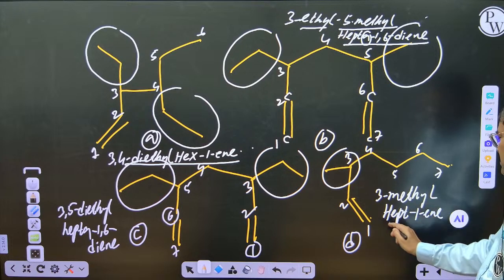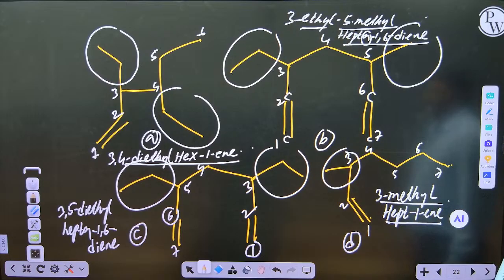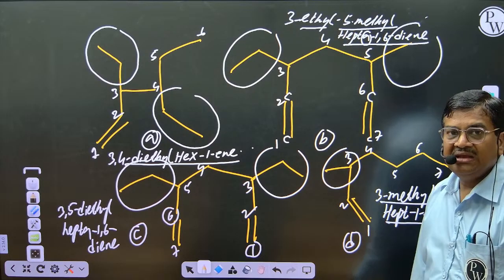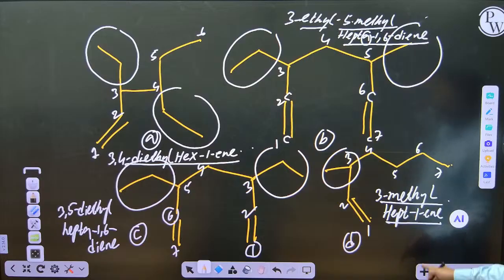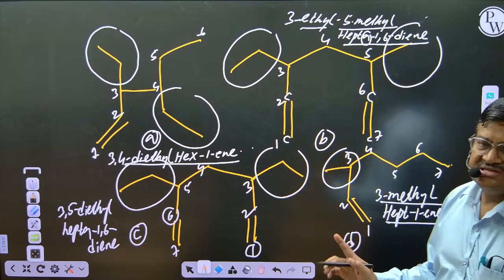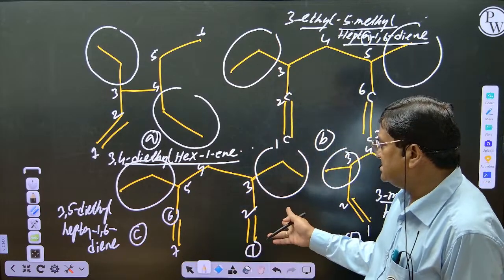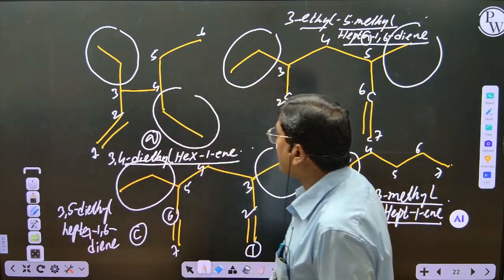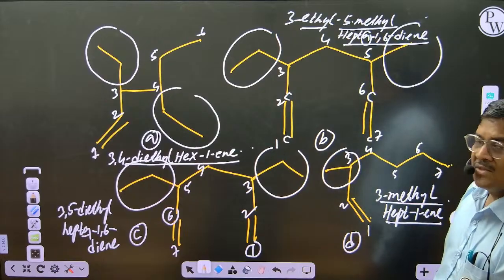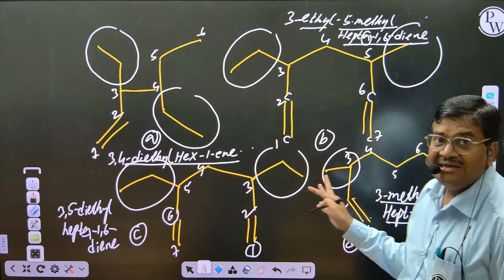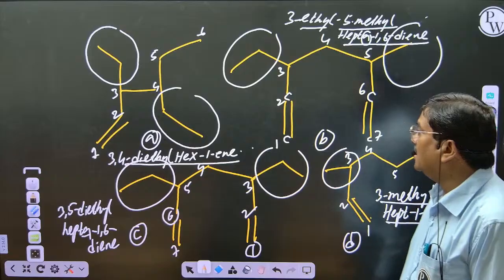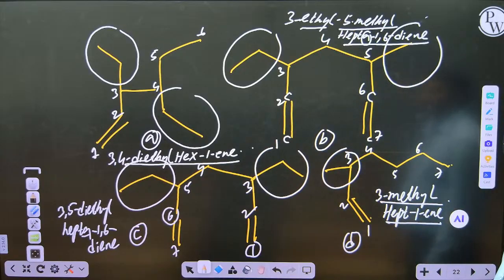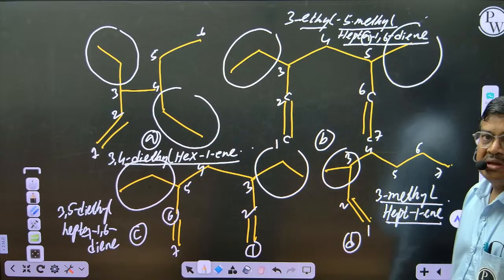Hept-1-ene, or we can even write 1-heptene. Here A is not retained, because only a single bond is there. When double bonds are there, you have to retain A. So this is what we have for alkenes. Are you following? Right.